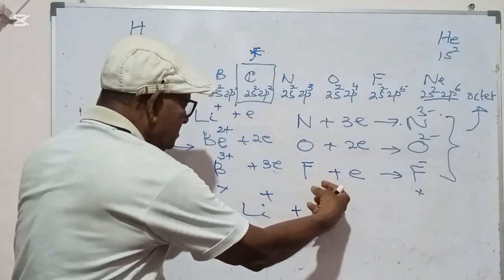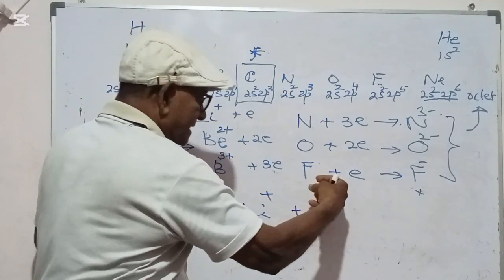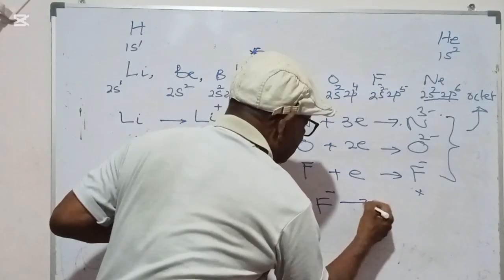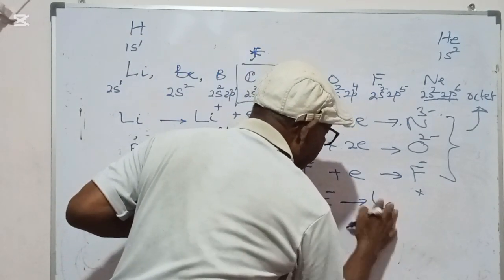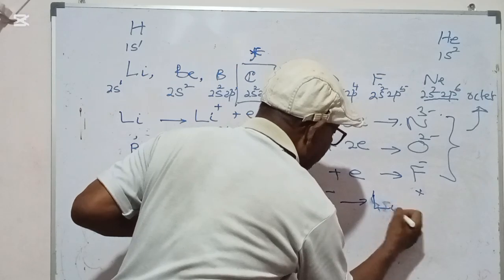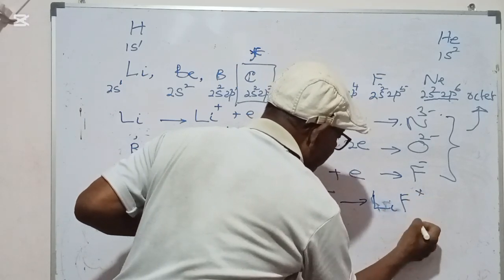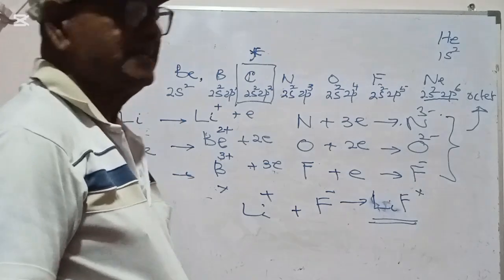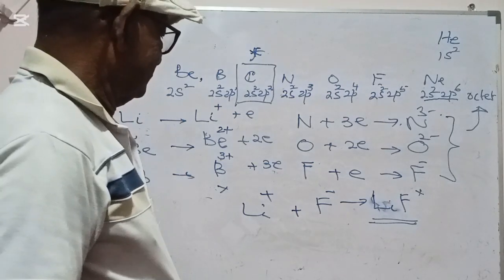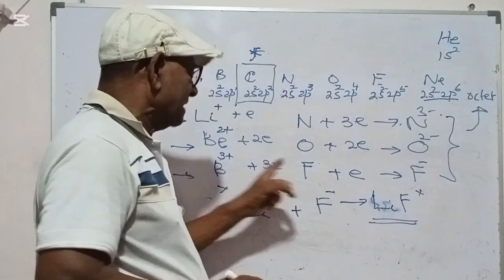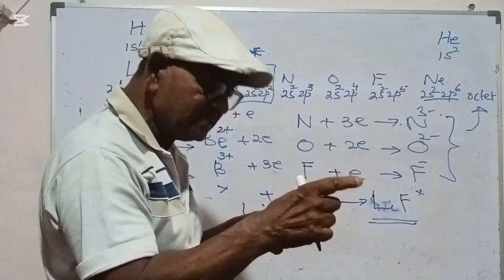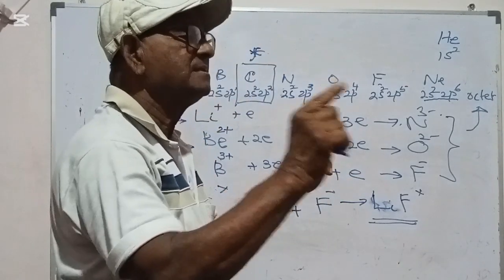After the formation of positive and negative ions, they get attracted to each other to give Li F. This is the compound lithium fluoride. The plus charge gets neutralized by the negative charge. To be neutralized, the charges should be the same.